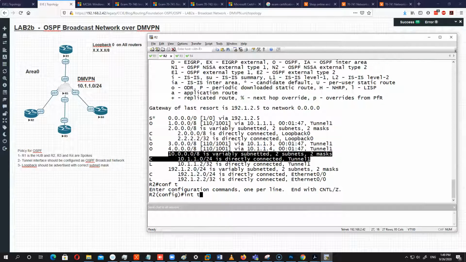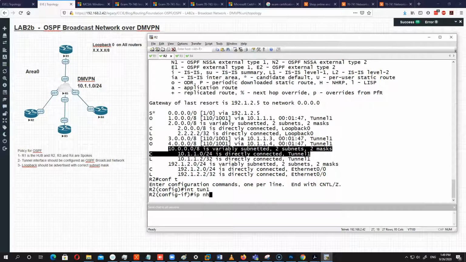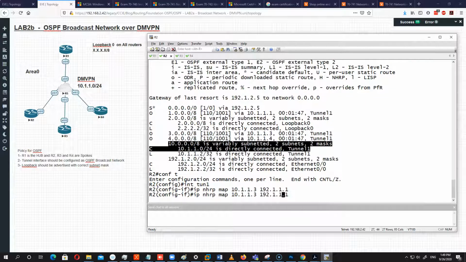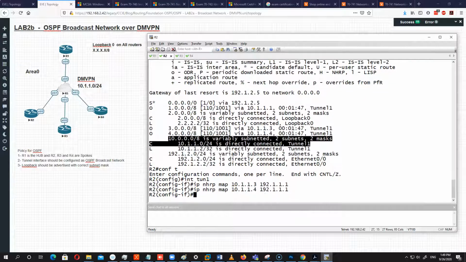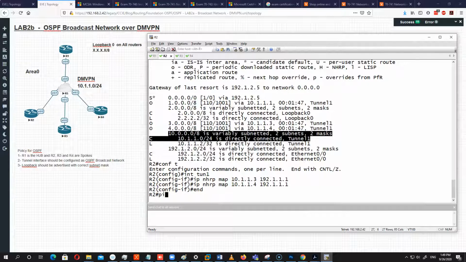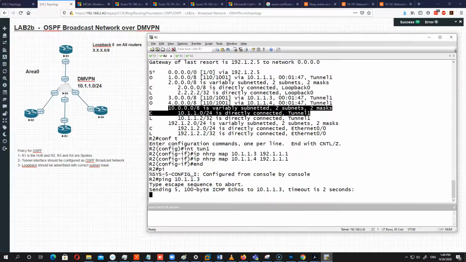So if I go inside tunnel 1, I have to say ip nhrp map: if I need to go to 10.1.1.3, go to this guy, or even for 4, go to this guy, and I have to do that the same way. Now if I ping 10.1.1.3, it's still not going to work because 3 doesn't know about it, right?